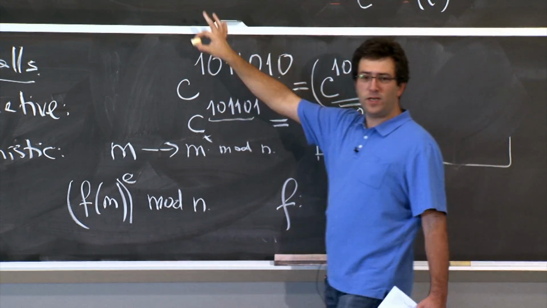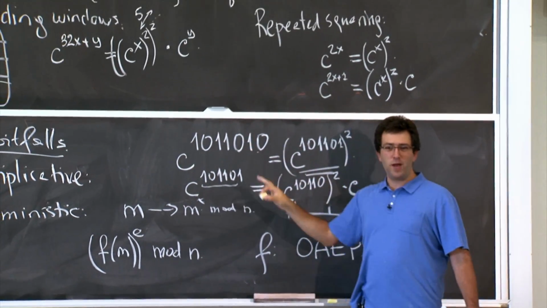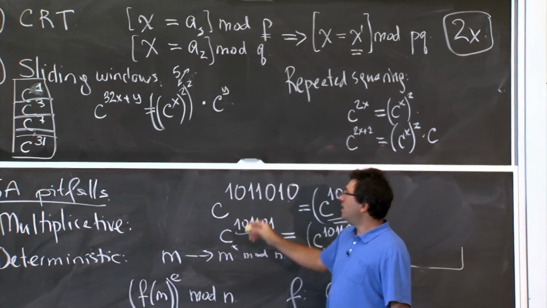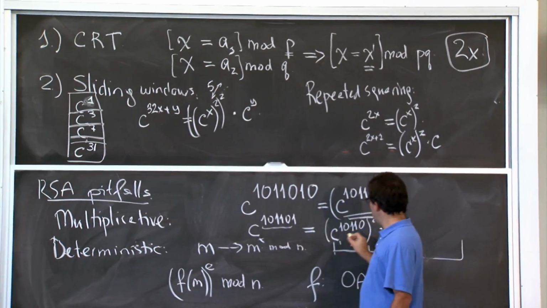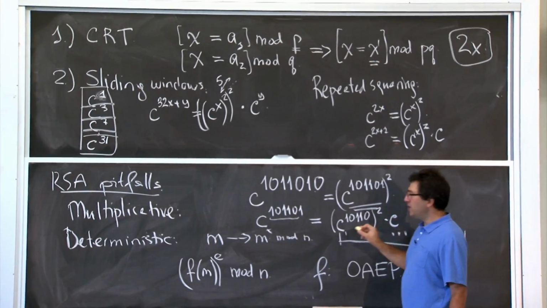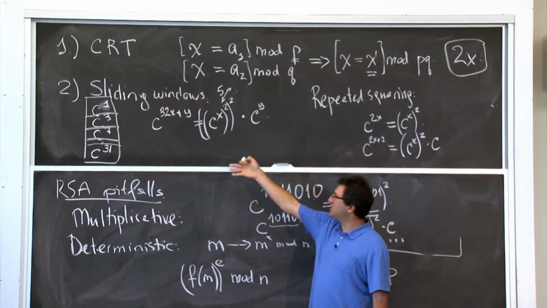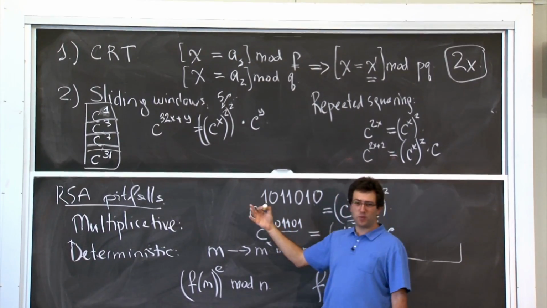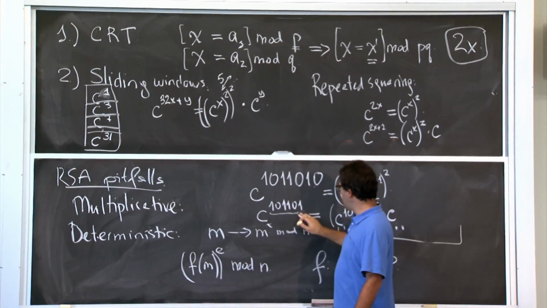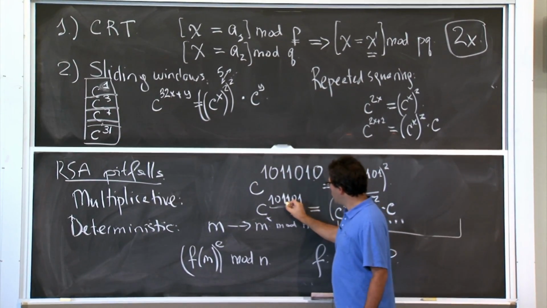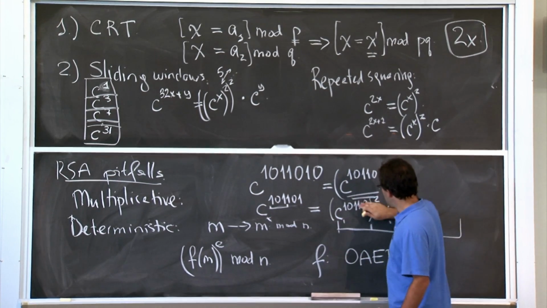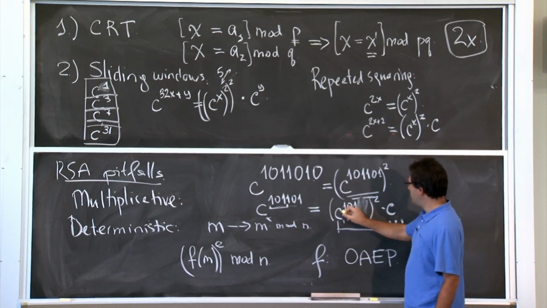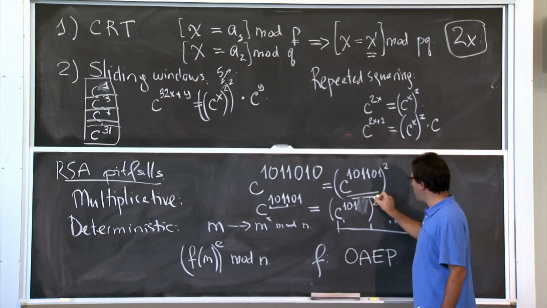And for sliding window, you just grab more bits from the low end. So if you wanted to do the sliding window trick here, instead of taking one c out, suppose instead of this giant table, maybe we do 3 bits at a time. So we go up to c to the 7th. So here, you would grab the first 3 bits, and that's what you would compute here, c to the 101 to the 8th power.